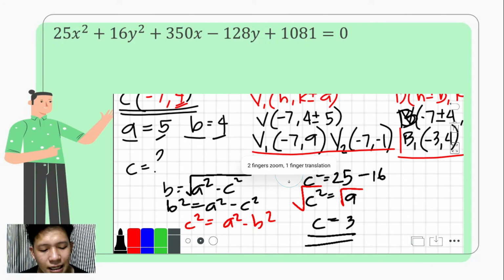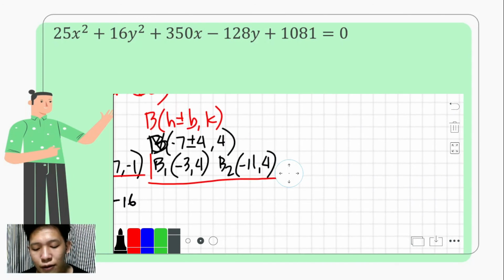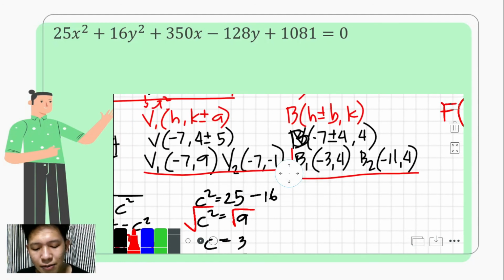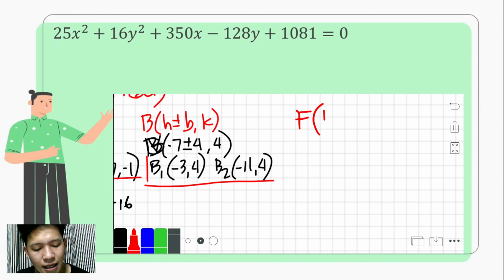And we are now ready to get the coordinates of our foci. So the foci would be at what? We will follow the modifications we made for the vertices. So, what we will move is k. So, we would have h, comma, k plus or minus c.